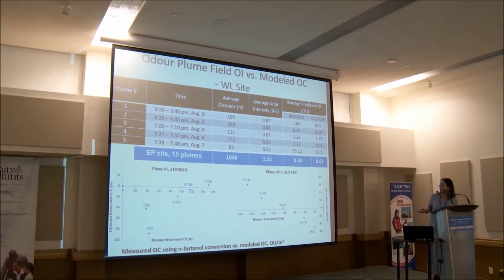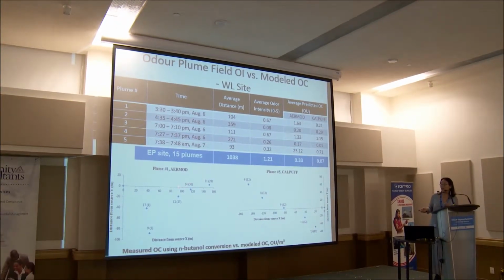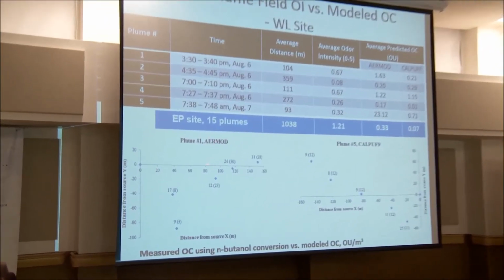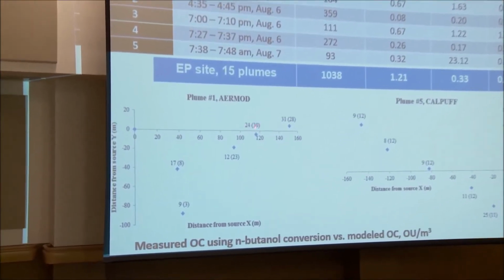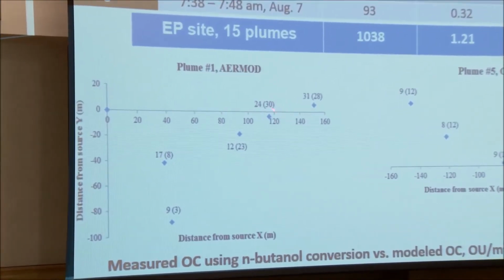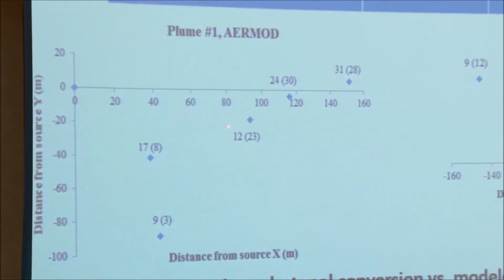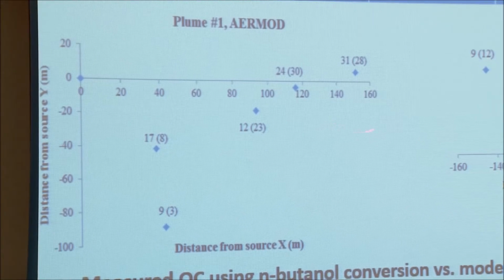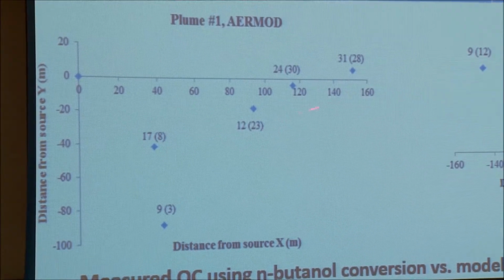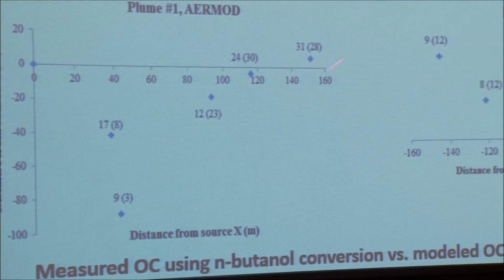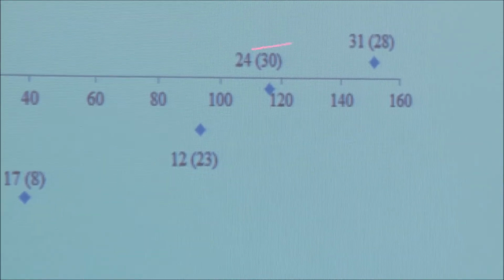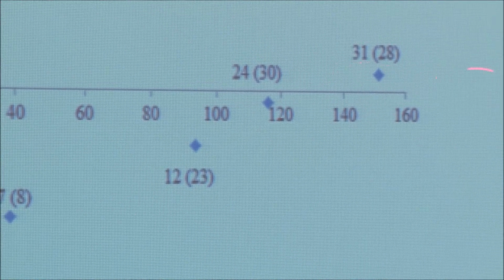For example, this value 24 is measured odor concentration, which is measured odor intensity converted to concentration. And then this 30 in brackets is the model predicted concentration. So that actually is model prediction times the peak to mean ratio. So you can see after the peak to mean ratio treatment, the measured and modeled odor concentration match quite well.